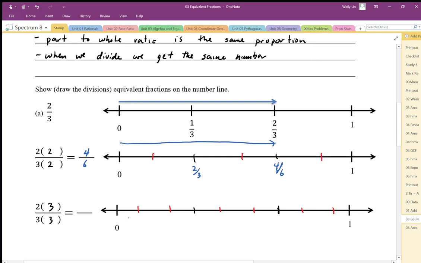So we're going to increase the parts by 3 times and the number of parts that make the whole by 3 times. And so we're going to end up with 6 parts out of 9 parts whole. And again, if I draw my vector here, okay, so that part, if I count it up, that's going to be 3 parts out of 9. This is going to be 6 parts out of 9, and that's equivalent to 2/3 and to 4 out of 6.